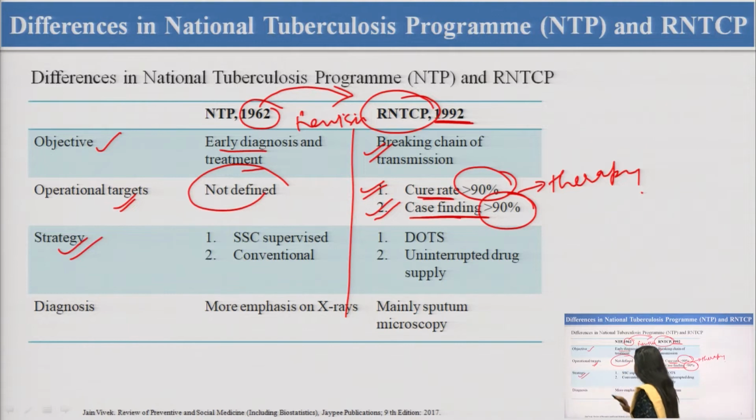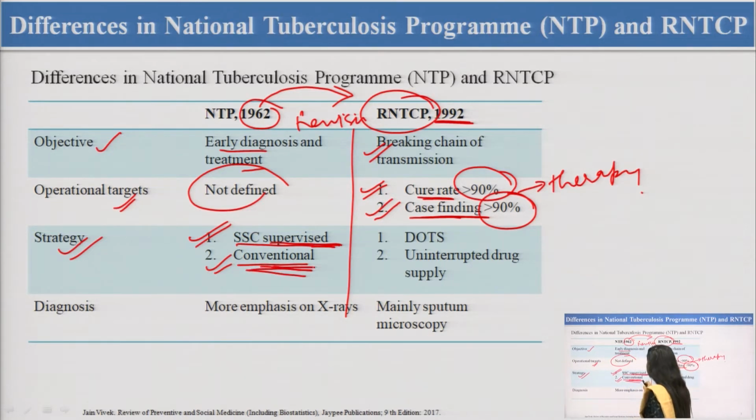Then strategy. In the NTP we used supervised short course chemotherapy, where ASHA workers and other members supervise. The strategy was conventional.